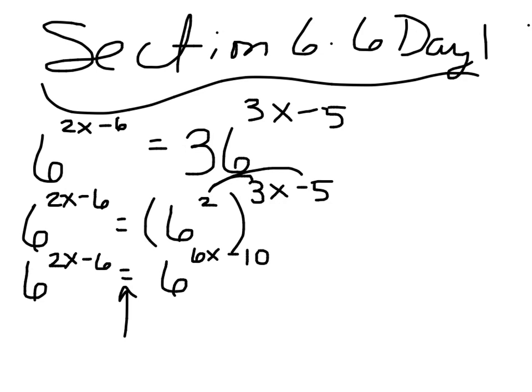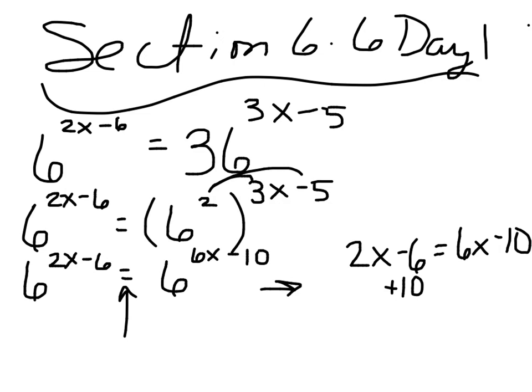So then on the side over here, all I'm going to do is put 2x minus 6 equals 6x minus 10. Solve for x. How do I do that? Add 10 to both sides and subtract 2x.